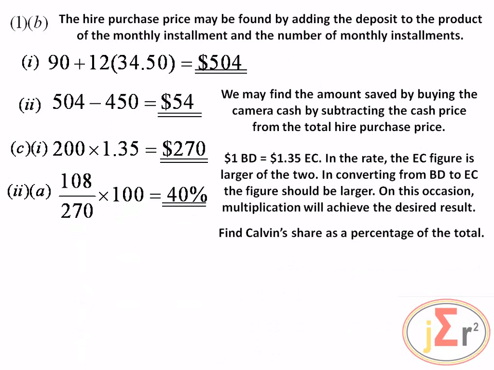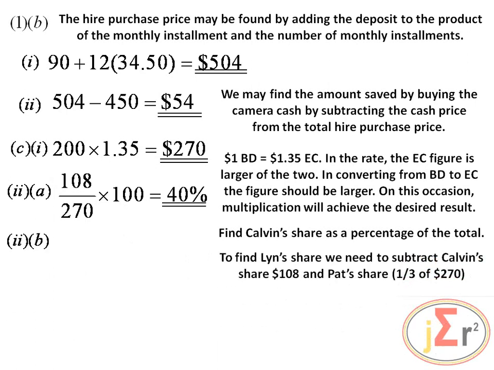We will write that as a percentage of the total received. 108 divided by 270, that we multiplied by 100, and the result is 40%.